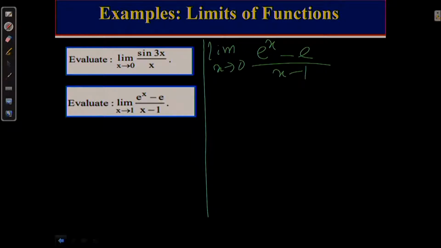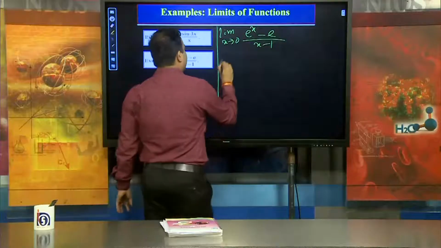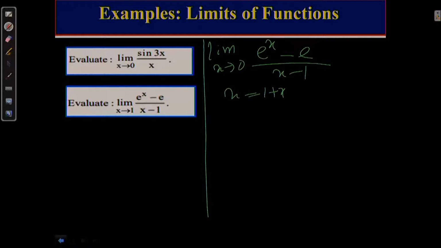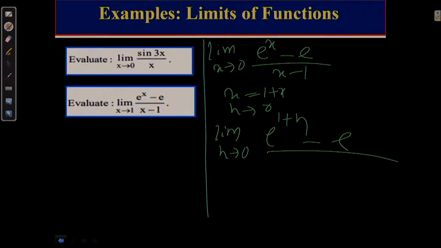So I can write x equal to 1 plus h, as h tends to 0. So I can write limit h tends to 0 of e to the power x, with the value 1 plus h: e raised to the power 1 plus h minus e, divided by, in place of x, 1 plus h minus 1, then plus 1 minus 1 will be cancelled.